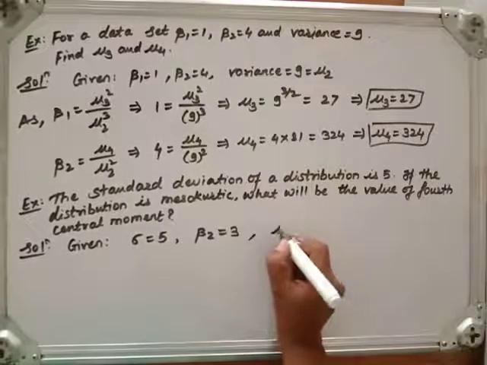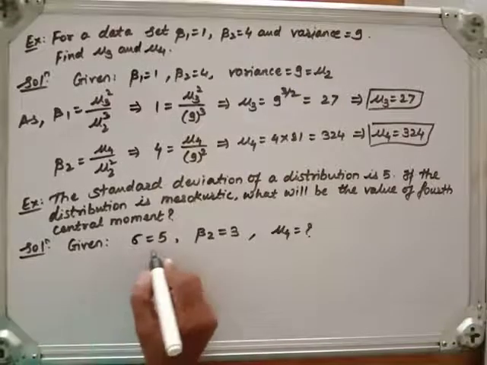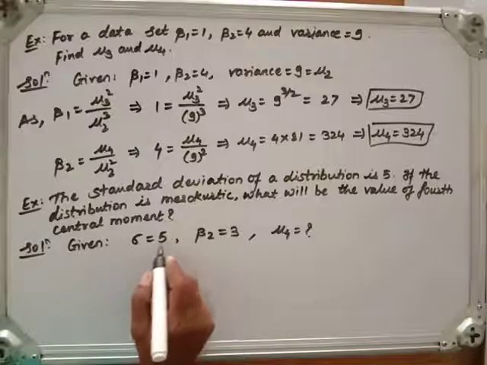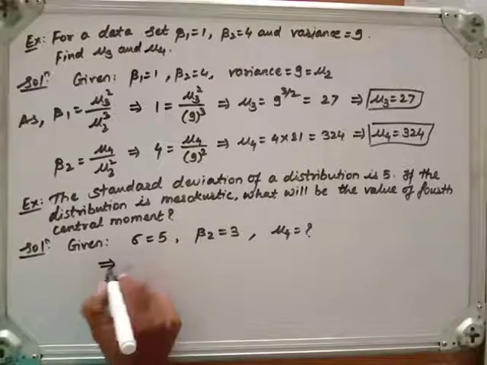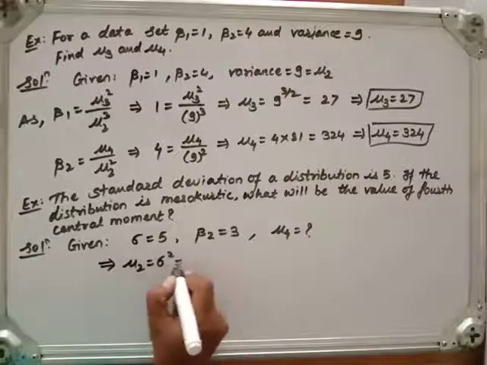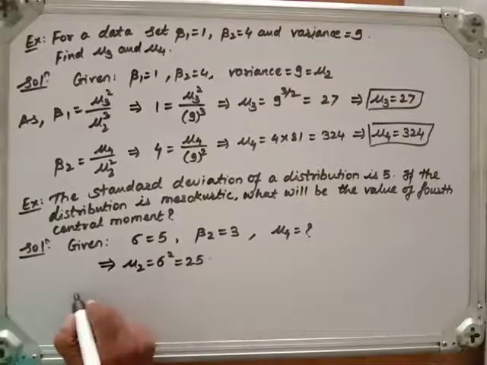And mu 4 is asked. Standard deviation is 5, that says mu 2 is equal to sigma square, that is 25.